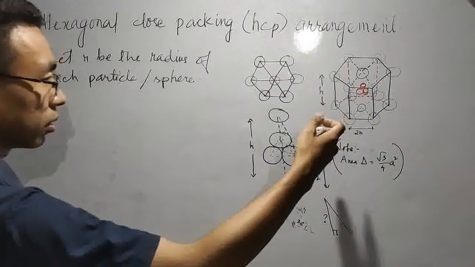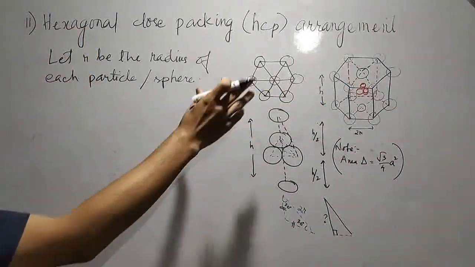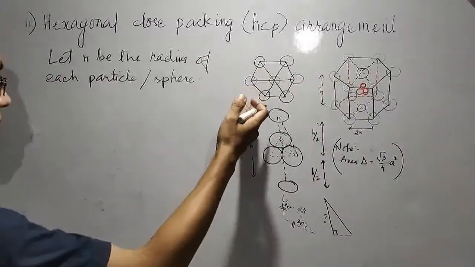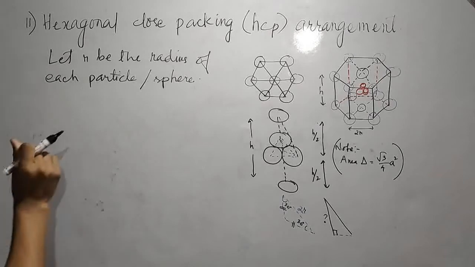And now we have to find out the volume of each particle as well as the volume of the unit cell. So let us first see the number of particles present in one unit cell of the hexagonal close packing arrangement.